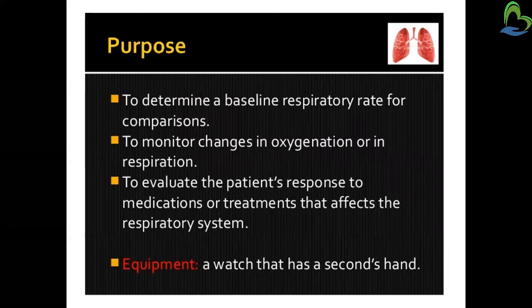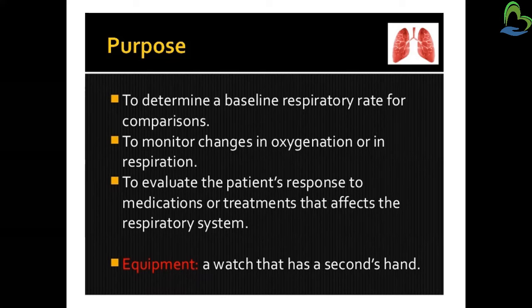Now, purpose. First, to determine a baseline respiratory rate for comparison, to see whether it is normal or not. Next, to monitor changes in oxygenation or respiration.